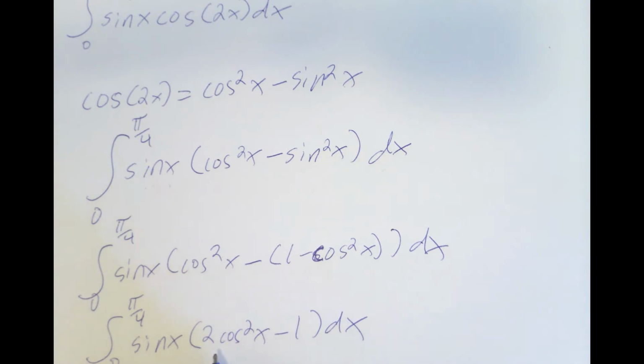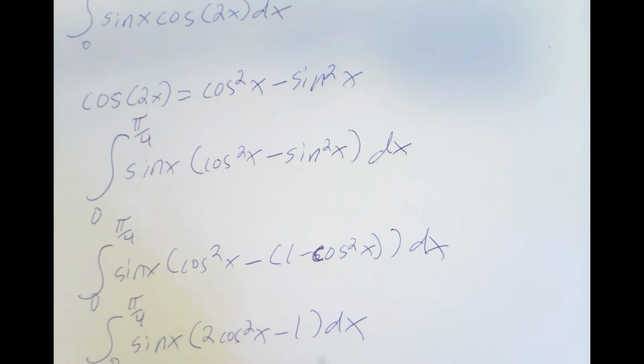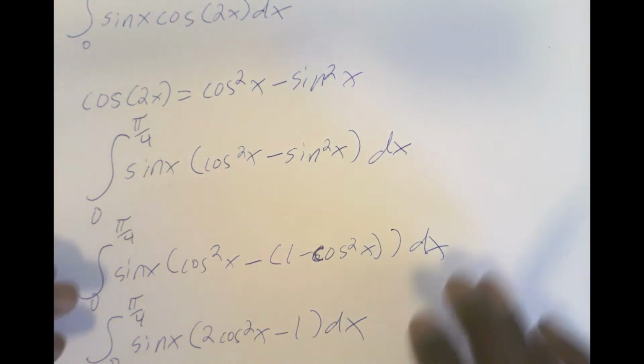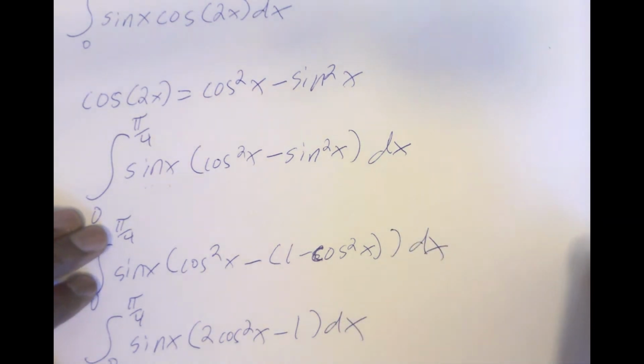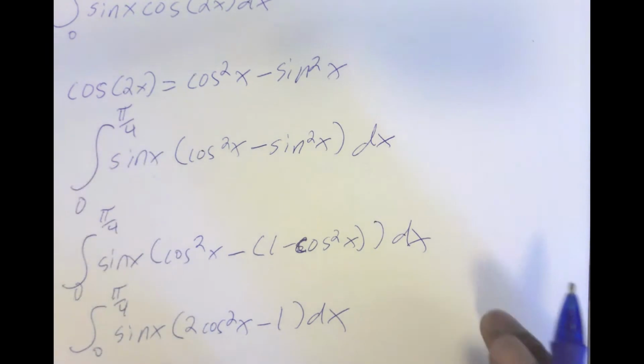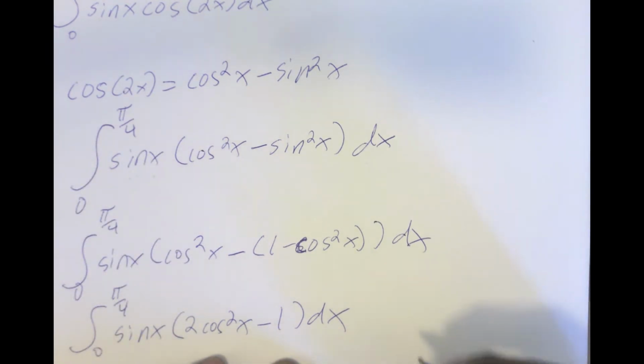You know, if I make u equal cosine x, this would be 2u squared minus 1. And du would be negative sine dx, and you'll get a pretty good match there. And so let's go ahead and do that u substitution. So in fact, let me just write here, right on the side here, and then transport it to a new page.